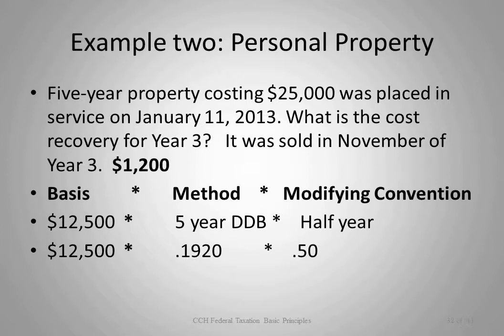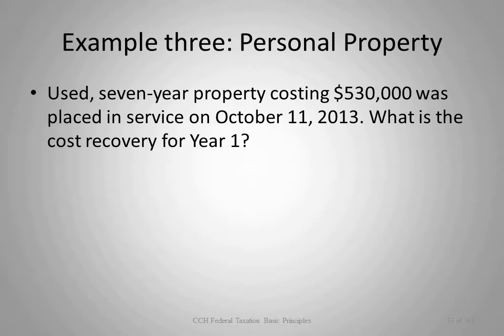Third example, 7-year property, costing $530,000, placed in service on October 11, 2013. What is the cost recovery for year one? All right, so I got to stop and think about it. We're ignoring 1 and 2 on the checklist for now.